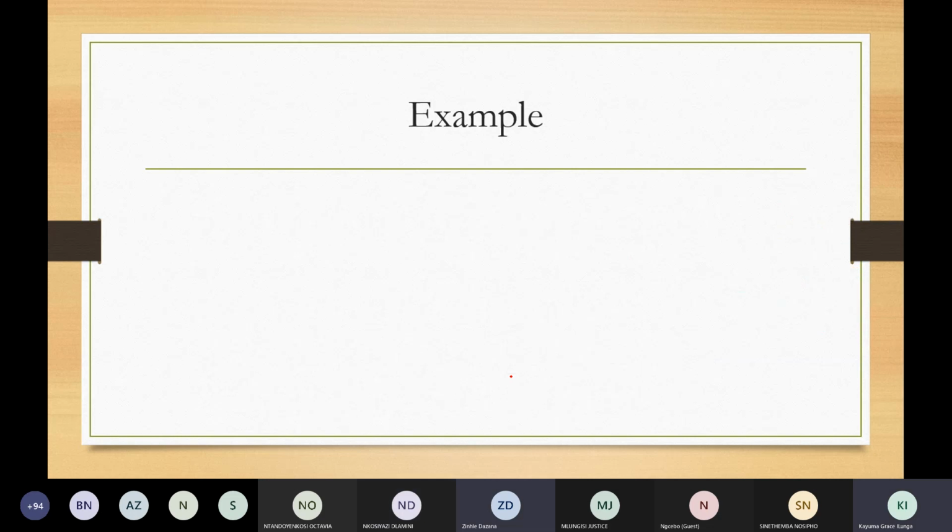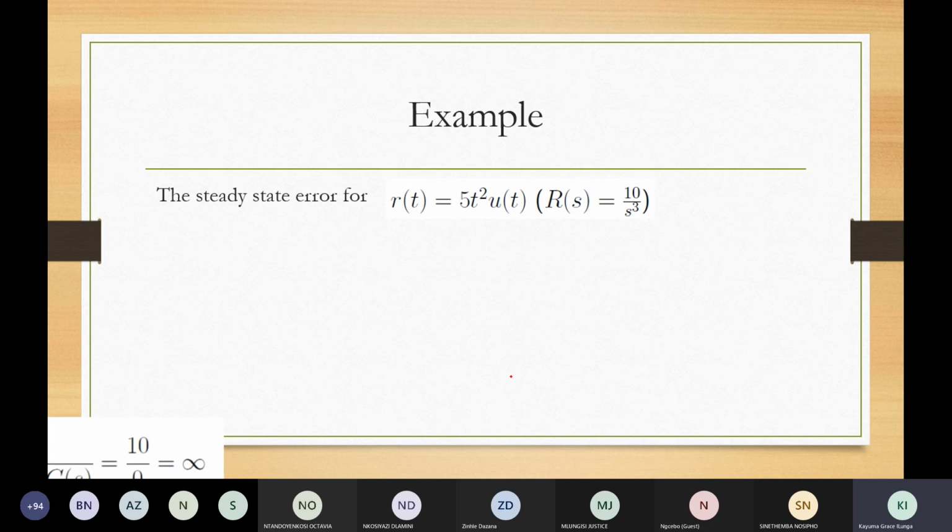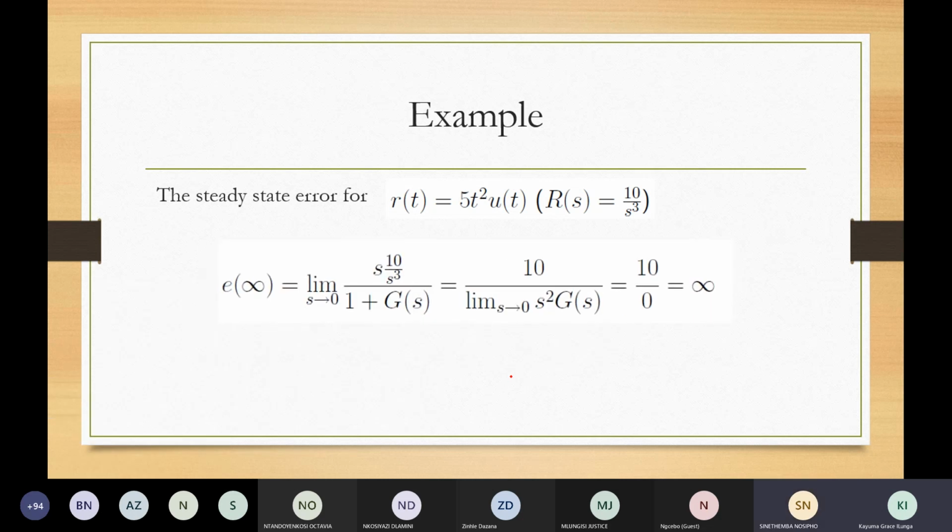Okay, thank you. So let's now try to apply a parabolic input. When we apply the parabolic, we'll find that this is going to be s cube, and this one is going to be s square. So in this case, because there is s square here, replacing the limit is going to give us 0. So the denominator will be equal to 0. So we'll have 10 over 0, which is going to be equal to infinite.